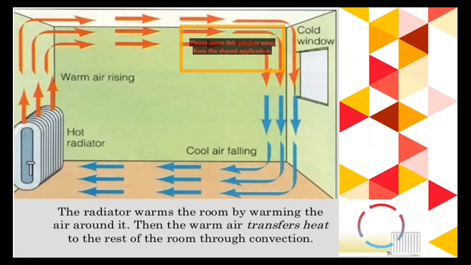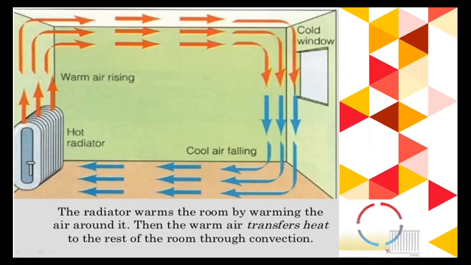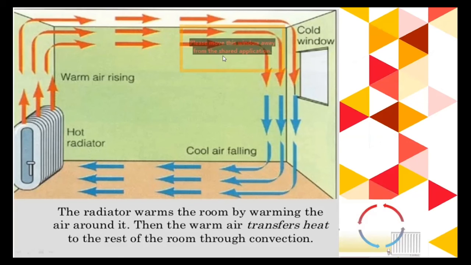So it means that the particles are lighter, and then they are free to go up by making this circular motion, known, as I said, as the convection method of transferring heat.